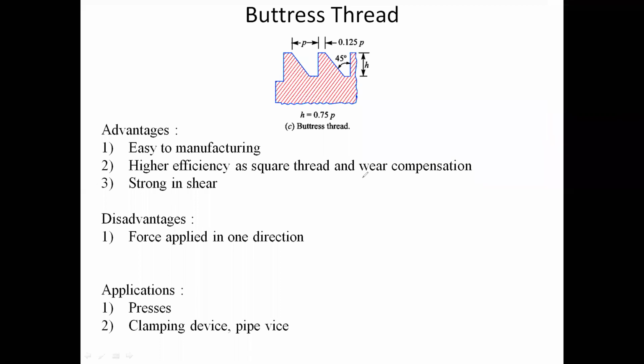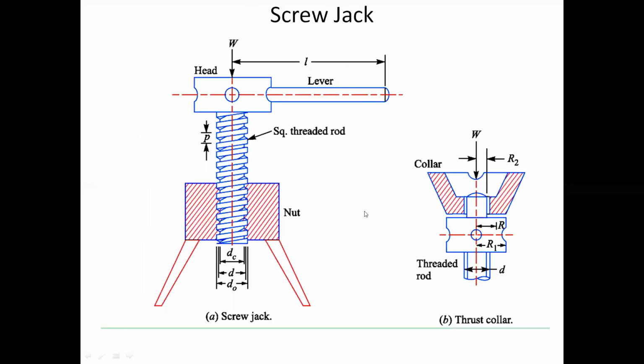Okay, so in this power screw we are going to have a simple application of this power screw like screw jack. Now you can see here in front of you there is a simple screw jack. So screw jack is having different components, like there is a screw connected here with the head, and there is a lever, and there is a nut.